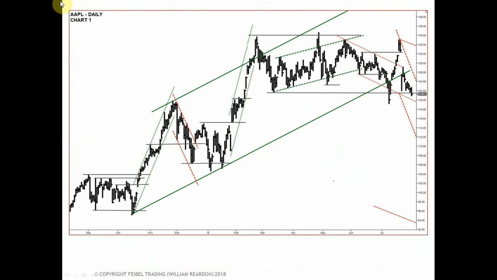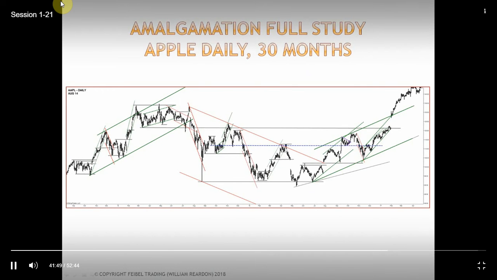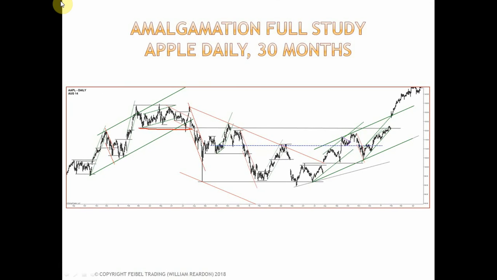Okay, good question. Let's go back to a full picture of structure. What levels do I keep on the chart will be major support and resistance lines and axis lines. Like this here is fairly good.